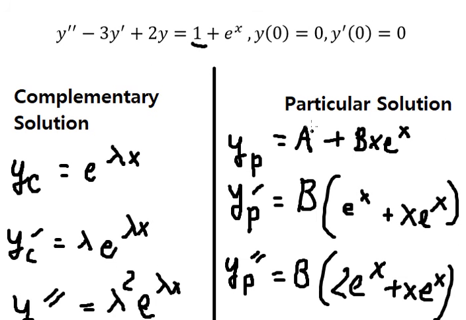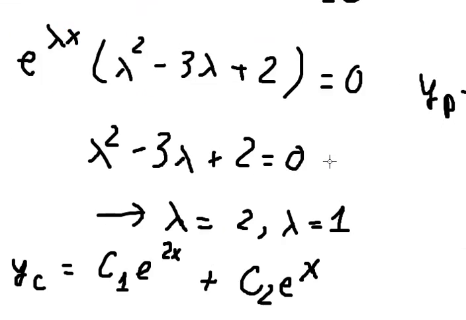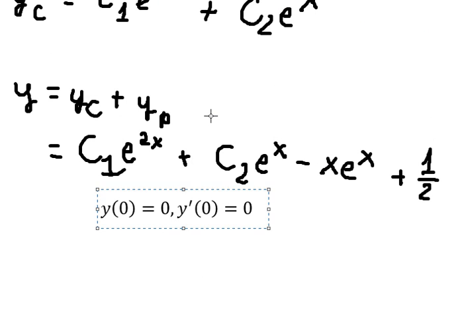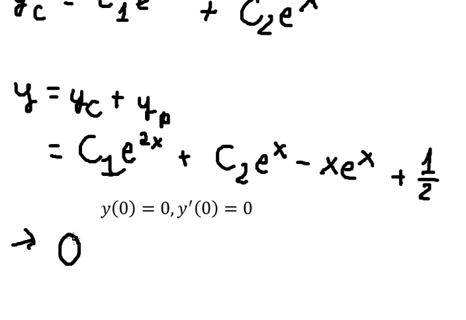Now we have the conditions. When s equals 0, y equals 0. So we have like this. If we put 0 in here, we have e to the power of 0, which is 1, and this one we have 1.